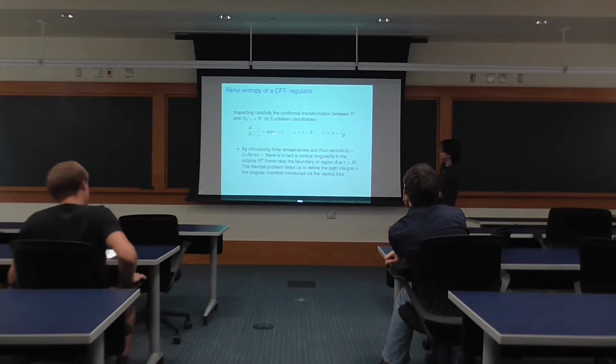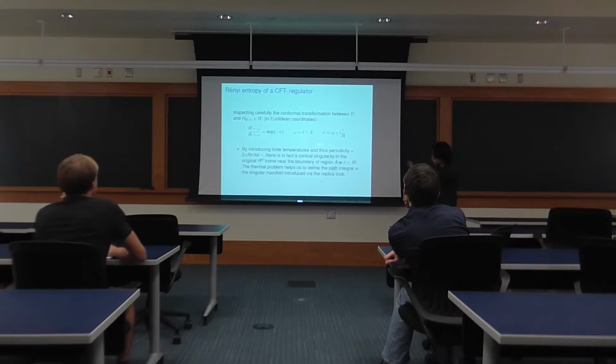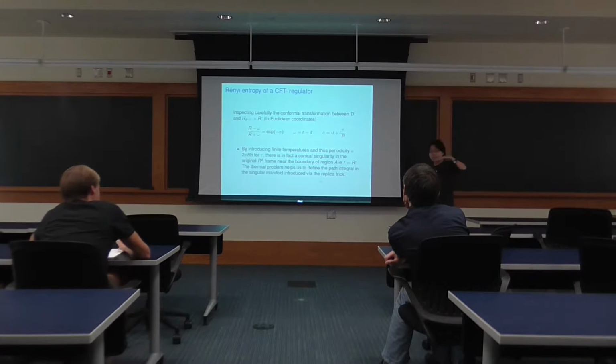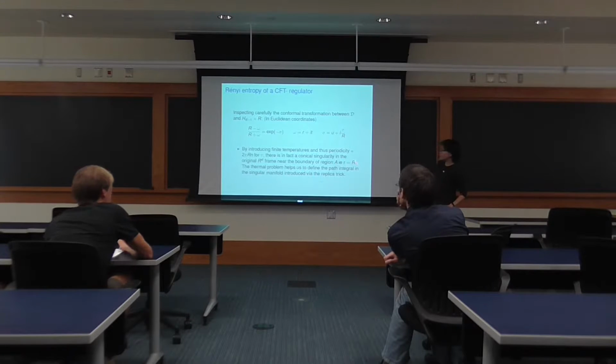It's just, if we introduce a complex coordinate, it's written in this form. So recall that in Minkowski space, by introducing n copies, there is some conical singularity localized at the entangling surface. So the entangling surface is located at little r equals R.